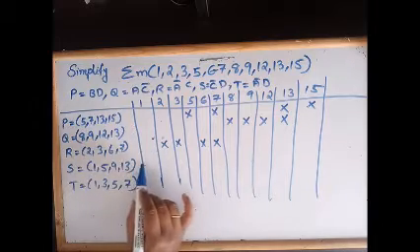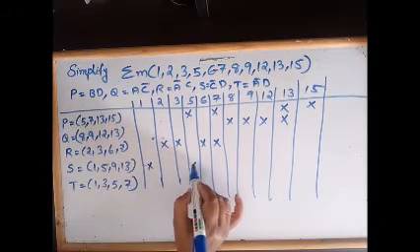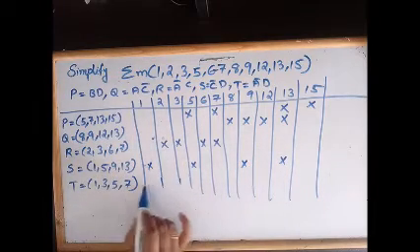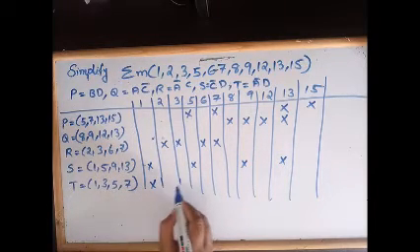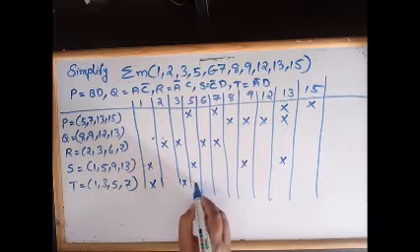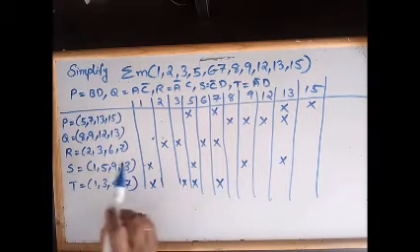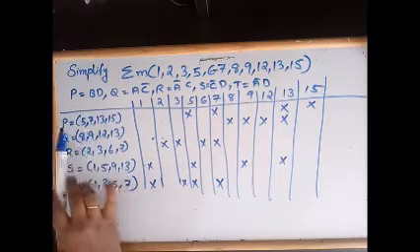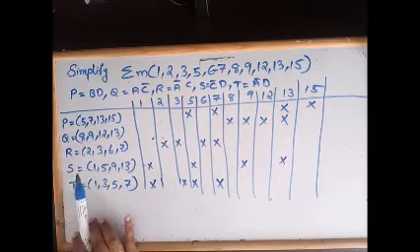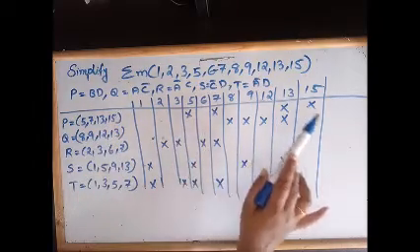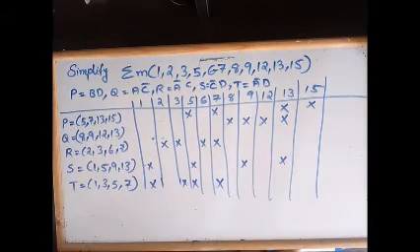Then S is 1, 5, 9, 13. Then T is 1, 3, 5 and 7. Just identify the min terms corresponding to each prime implicant, and put a cross mark.